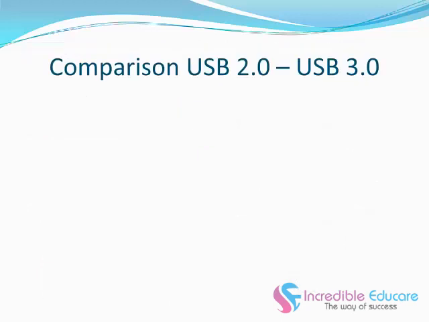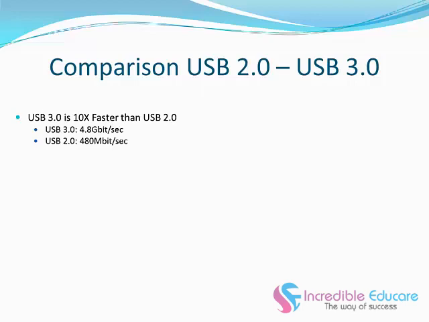Comparison of USB 2.0 and 3.0. USB 3.0 is faster than USB 2.0, as we have discussed earlier. Full duplex data transfers using a bidirectional data interface.